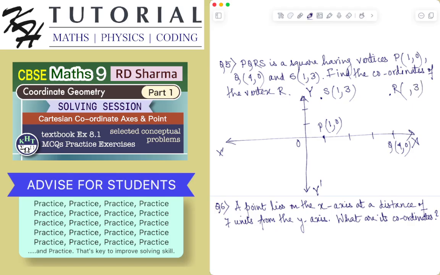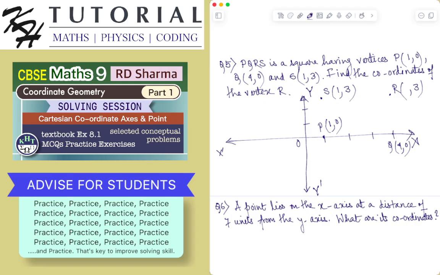What will be the abscissa of the vertex R? Now the side RQ should be parallel to SP, which means the vertices R and Q should be at the same distance from the origin O, and we clearly know that the point Q is at a distance 4 from the origin, since its x coordinate is 4.